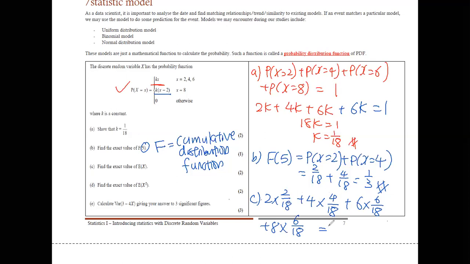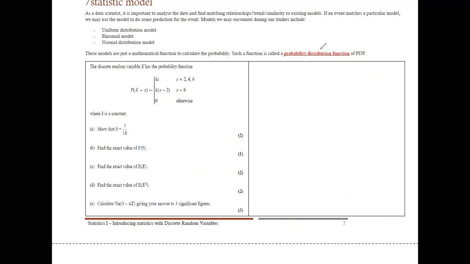Add them up together, this will give you 5 7/9. Okay, can? Good.